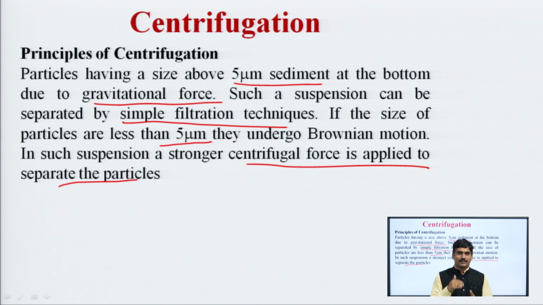Why are we using centrifugal force to separate the particles having size less than 5 micrometer? Due to Brownian motion of the particles. So, the question may arise, why are we using centrifugal force to separate particles of size less than 5 micrometer.